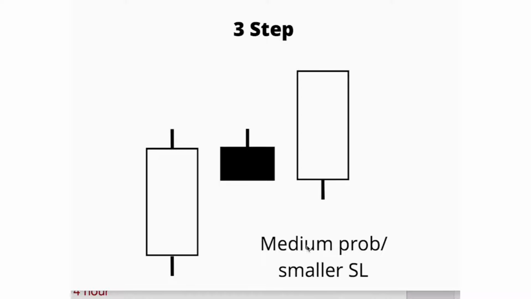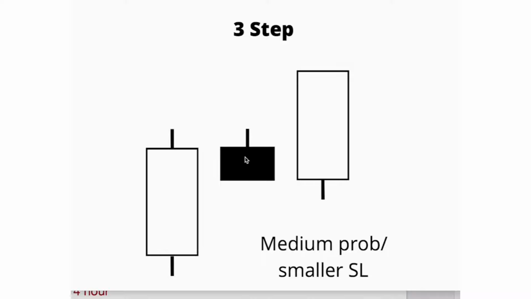We have a smaller stop loss because the moment we get into this trade here, as this candle closes, we can put the stop loss quite tight underneath here, because if it goes lower than halfway, well, there's a good chance that that trade will fail and we may have lost the trade. The pattern may have failed at that point. So we can put our stop loss very close beneath the entry point on this candle. So small stop loss, but not much better than a medium probability of the trade.